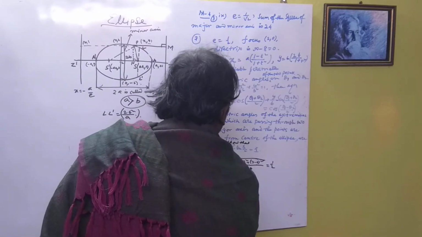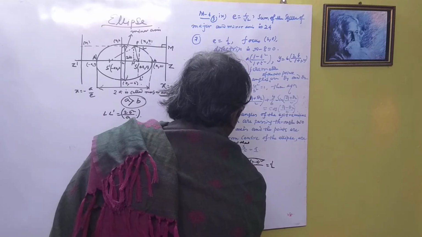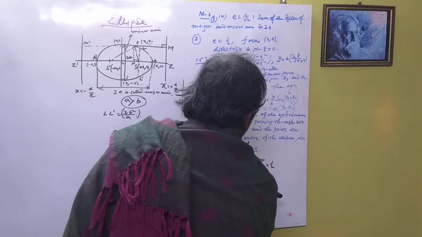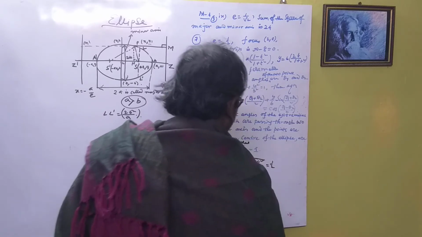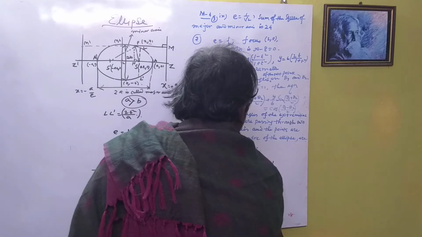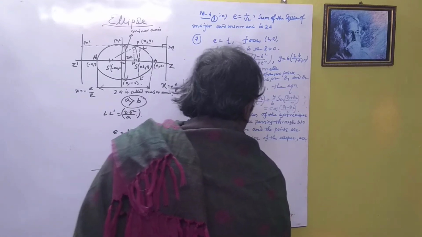Now x square minus 4x plus 4 plus y square is equal to half into x minus 8, all squared.